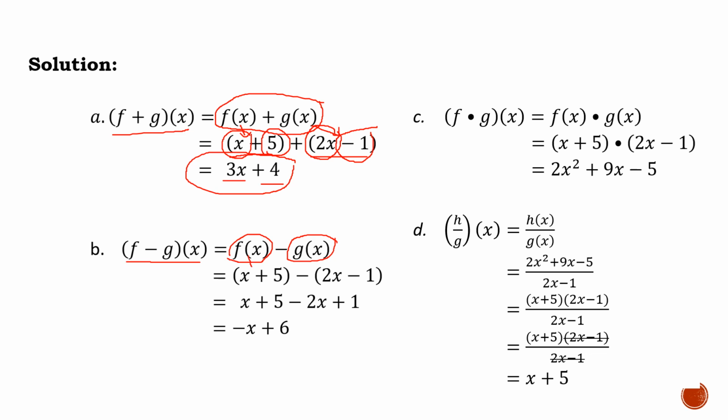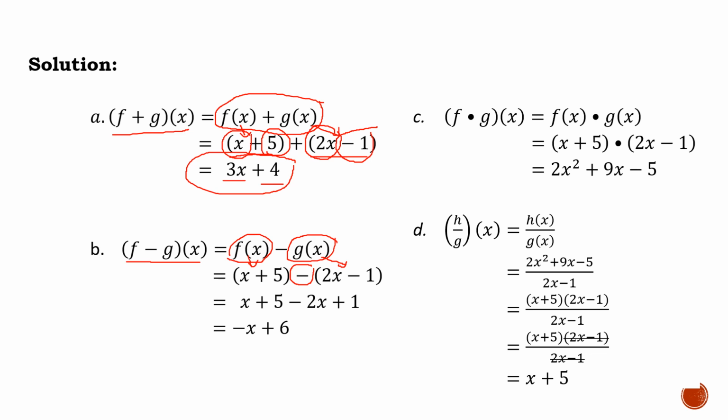So your f of x now is x plus 5, the same thing with your letter A. Then we copy your g of x, same thing with your letter A. The only difference is that we simply use subtraction as the operation between these two given functions, which is f of x and g of x.